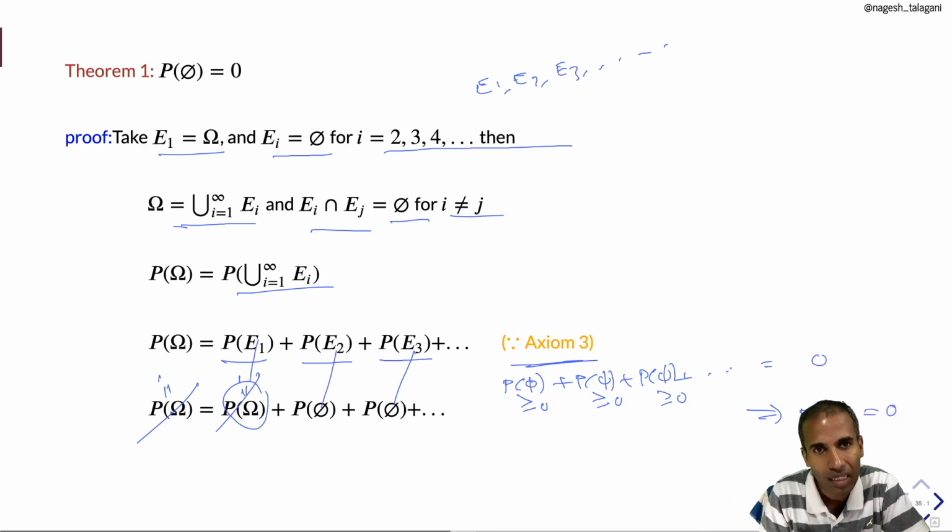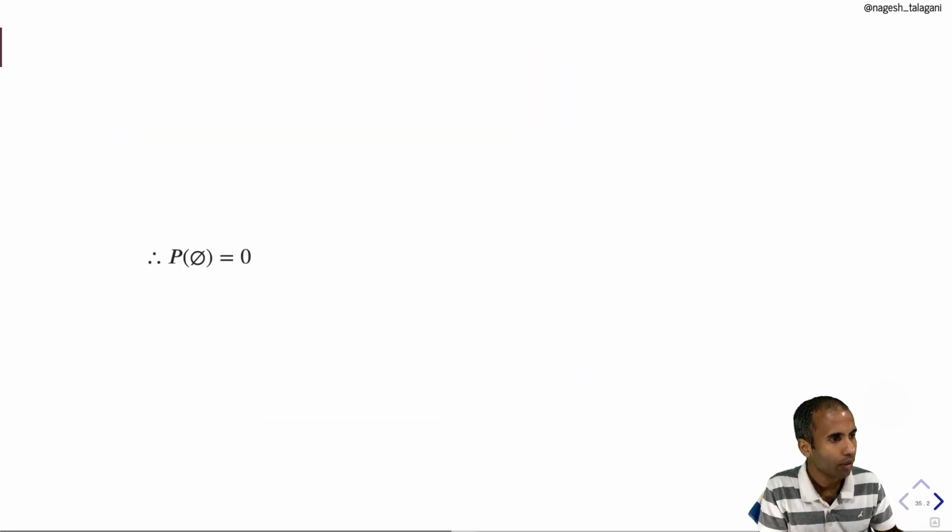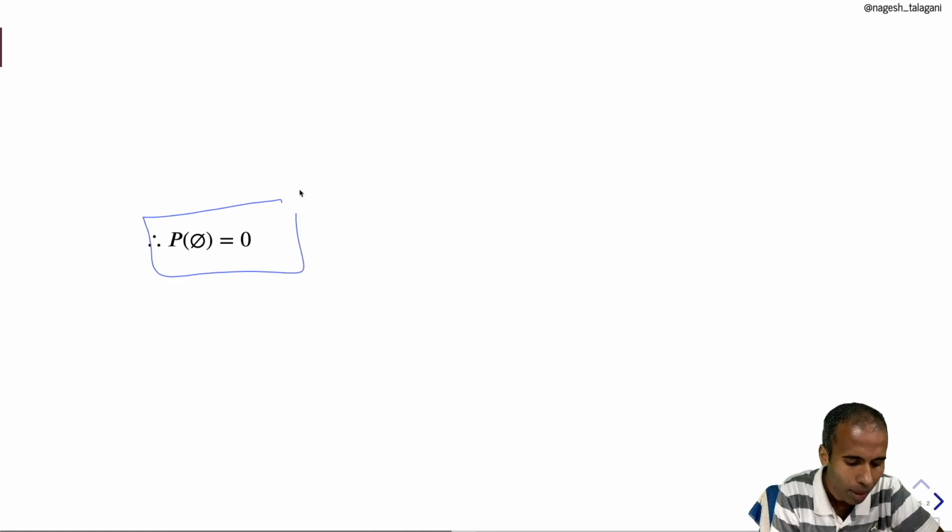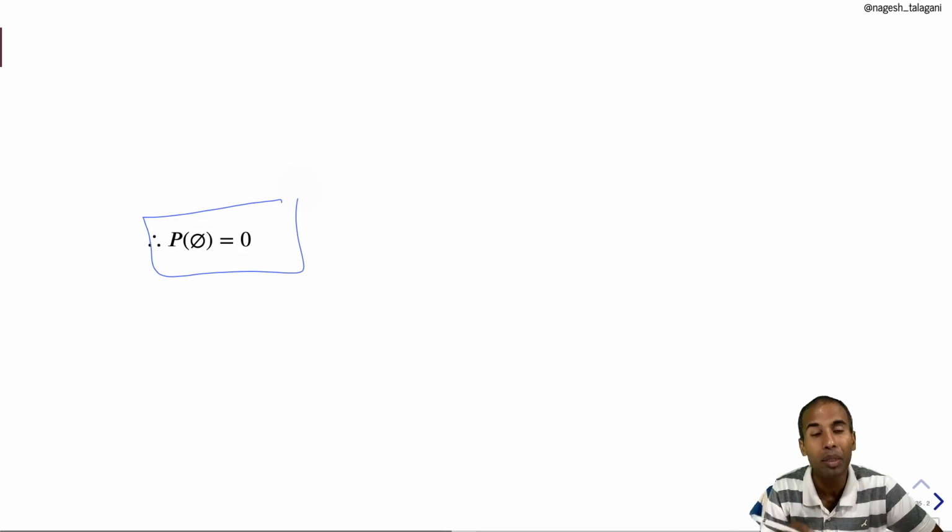Then only the sum can be 0. That's why we must have the probability of the impossible event equal to 0. It actually follows from axioms 1, 2, 3. We don't have to include it as a property or demand it in the definition. Okay, fine.